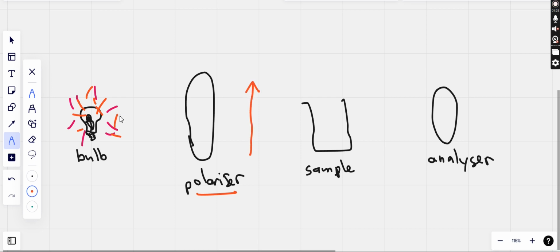I won't go into the details of how it happens, but after the light passes through the polarizer, the light will only oscillate in one plane, so it only oscillates up and down. Then this light will pass through a sample, let me use a highlighter, a sample solution, and this sample solution contains your enantiomers.